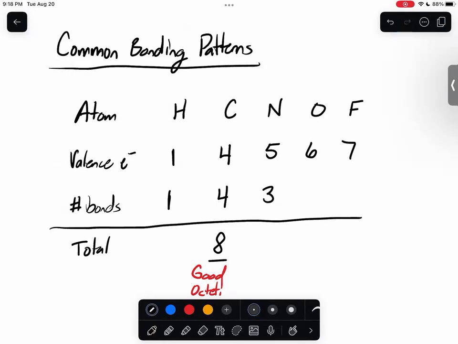Because that 5 valence electrons means that we only need 3 more electrons to get us to 8. Oxygen, on the other hand, wants 2 bonds because it has 6 valence electrons. And that means fluorine only wants a single bond because that will give it that last electron since it already has 7. So, all of these are very happy, right? They add up to 8 if we give them that number of bonds.